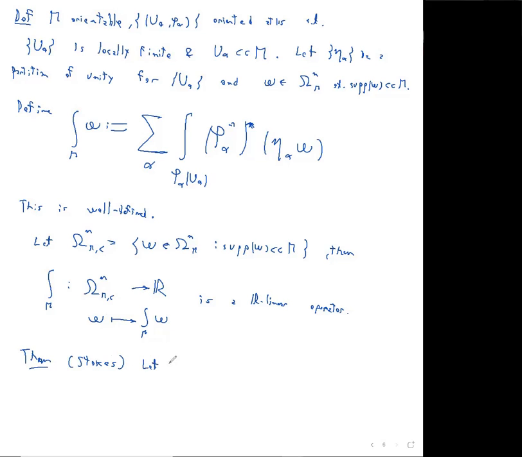So we take M to be an oriented manifold. Maybe I'm going to use a different slide. I'm going to write the same thing, but just in a new one. So, Stokes' theorem.